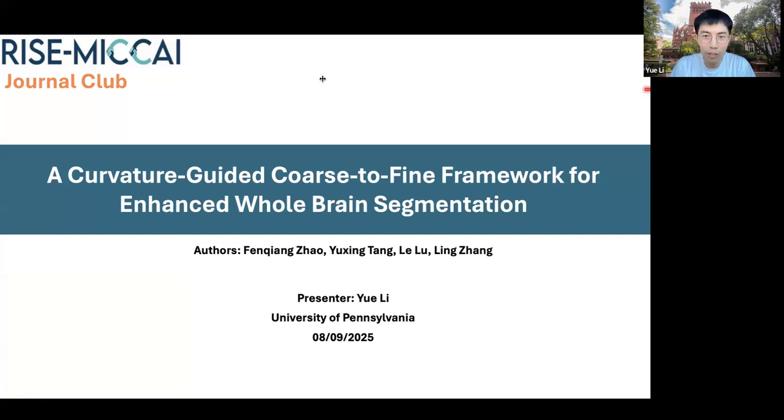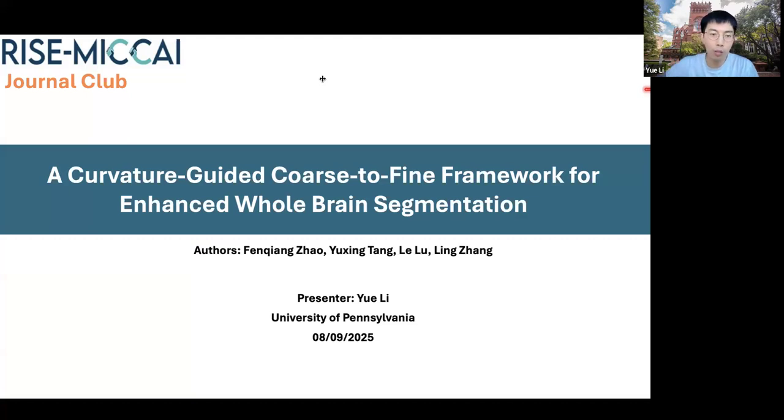Thank you so much for the introduction, Pulkit, and thank you for the invitation. Hi, everyone. My name is Yue Li, and I'm currently a postdoc at the University of Pennsylvania. My current research is about brain subregion segmentation and imaging biomarker design for neurodegenerative disease, such as Alzheimer's disease and related ADRD.